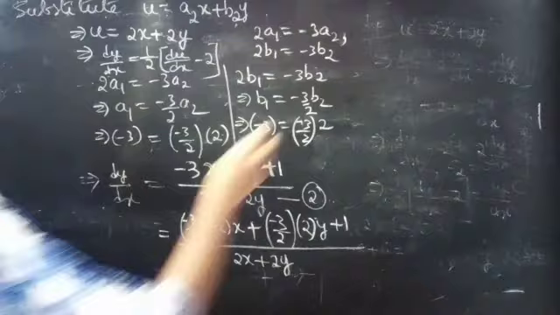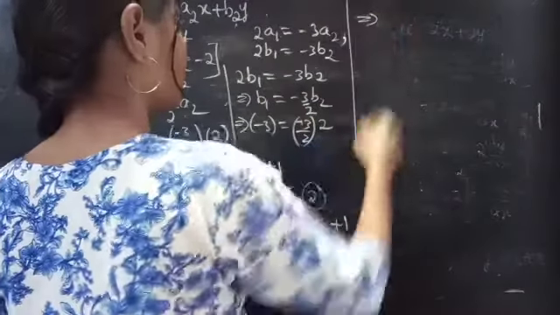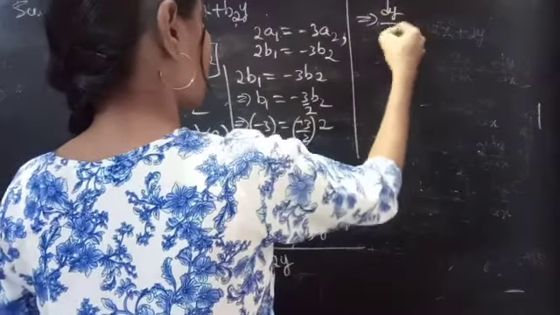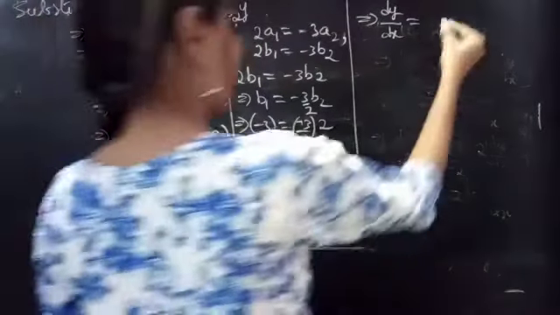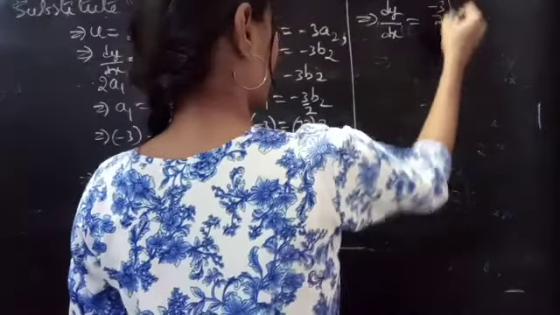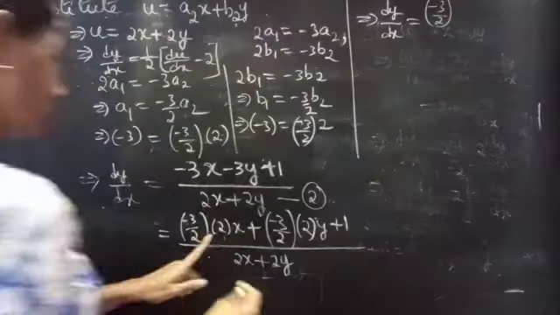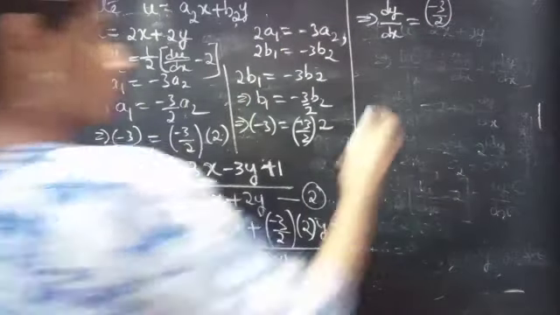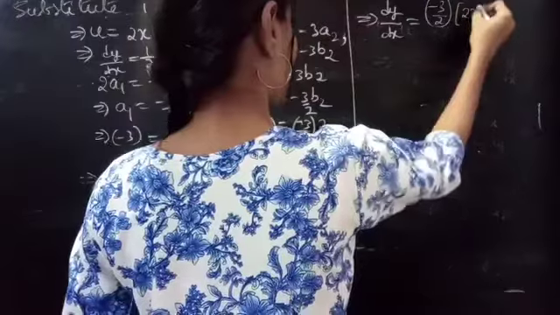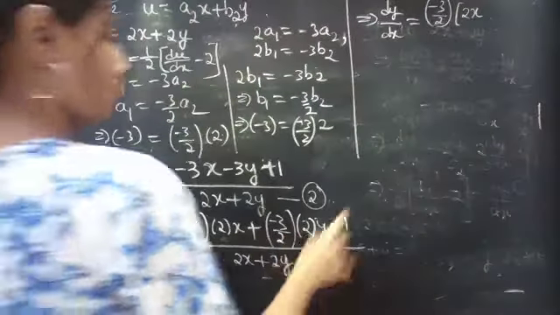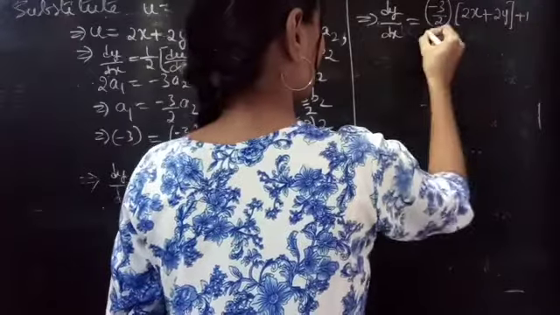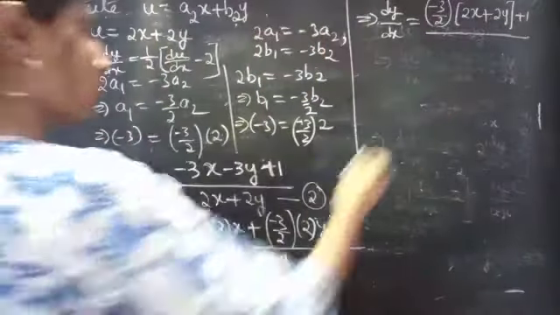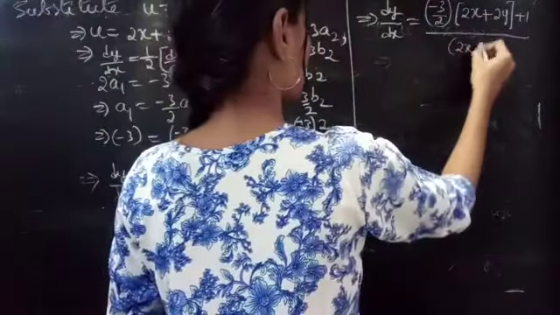Then this becomes dy by dx equals minus 3 by 2 times (2x plus 2y) plus 1 by (2x plus 2y).